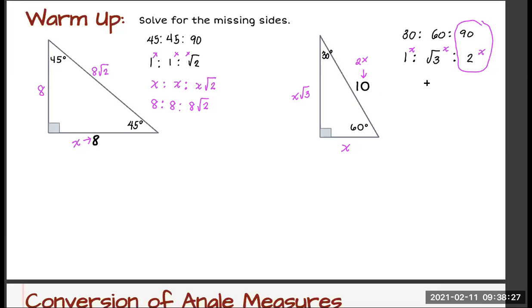Which means that 2x is equal to 10, therefore your x is equal to 5. So if x is equal to 5, then the side opposite the 30-degree angle would be 5, and this side is 5 square root of 3.